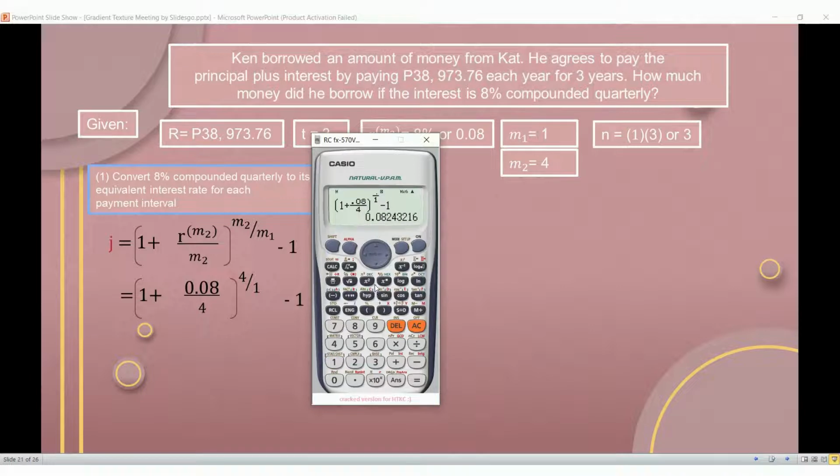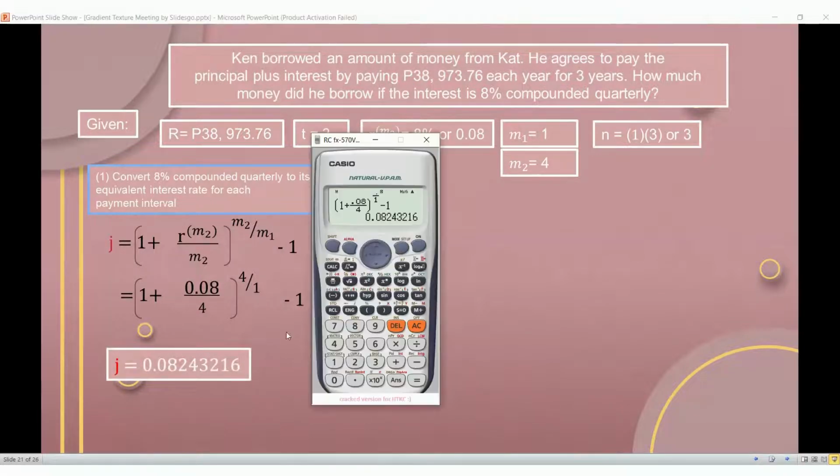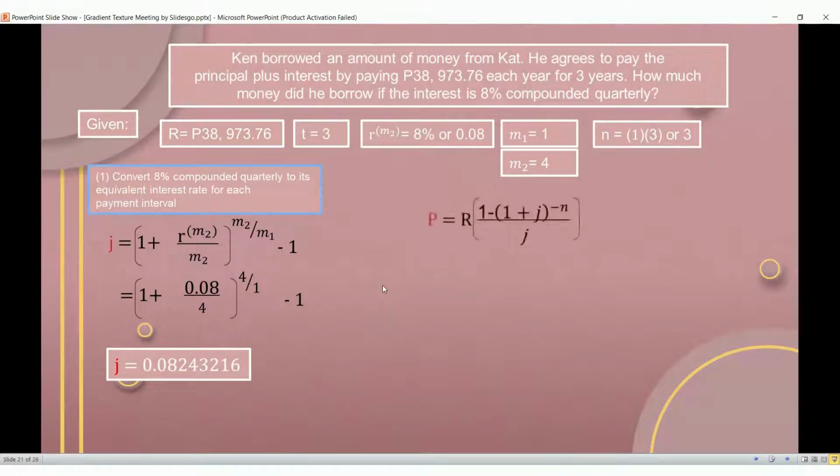Then equals, so ito na yung ating magiging J. So, pareho sila. Dahil may J na tayo, pwede na tayo mag-proceed at isolve ang ating P.